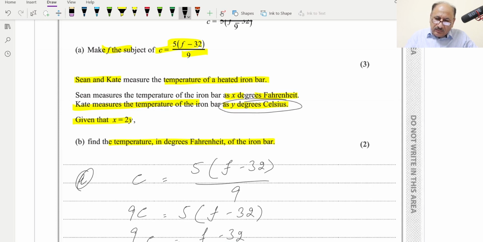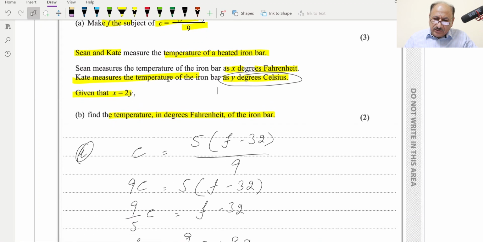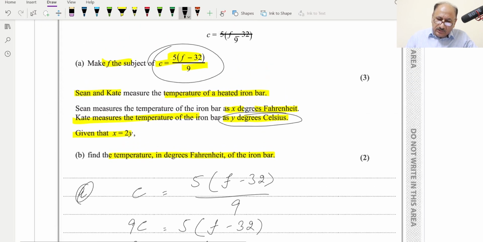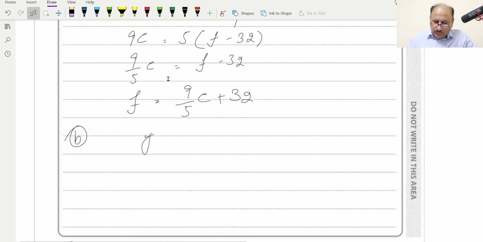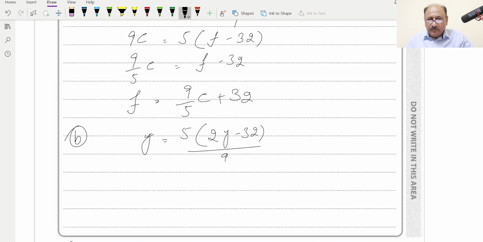So we can write over here Y is equal to, and in this one we can replace C with Y. So Y is equal to 5 into (2Y minus 32) over 9, and we can shift this 5 and 9 to the other side, so 9 over 5 Y will be equal to 2Y minus 32.